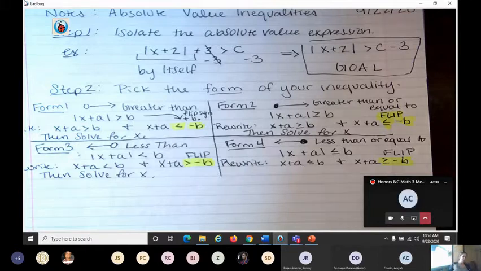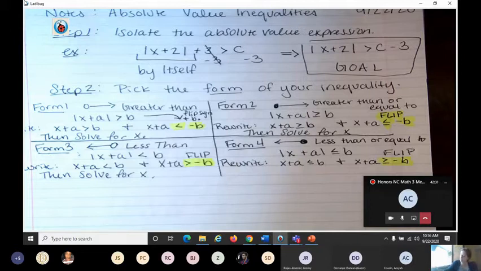Okay, what questions do you guys have on those 4 forms before we move on to examples? Okay, if there are no questions, we're going to go ahead and move on to an example.